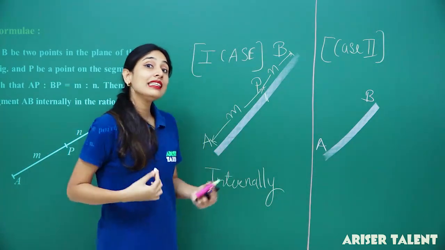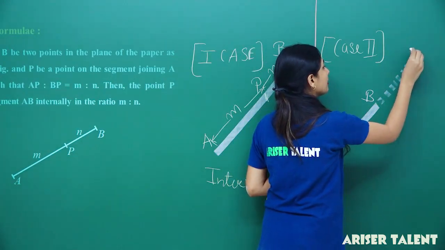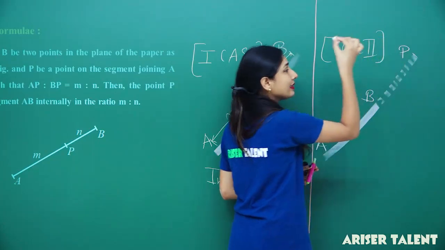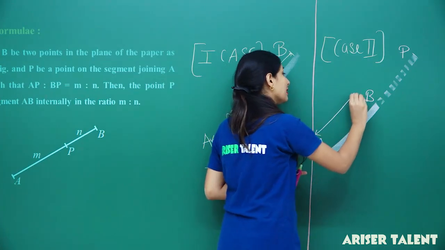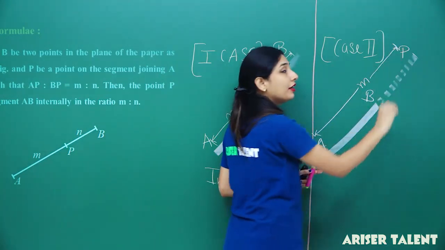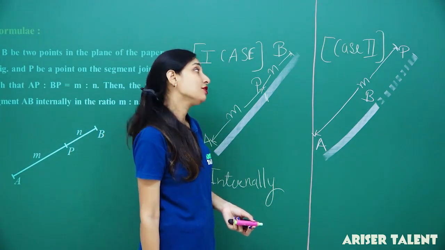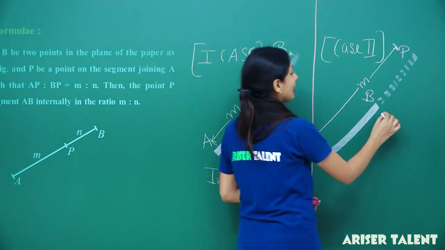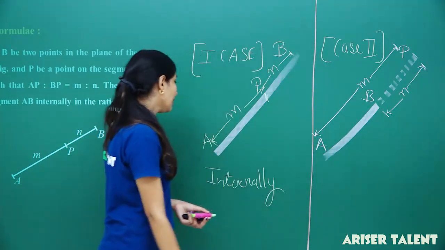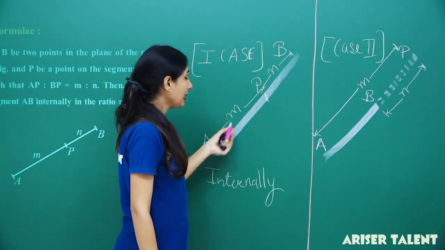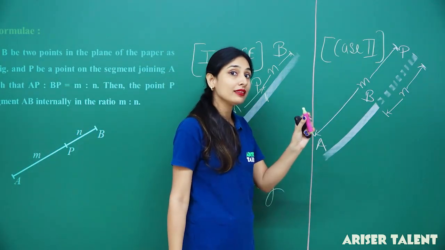Now, externally, that means if I extend this line till some point, again the next point is P. So, now I'm having this length M and I'm having this length N. Now, students, see here AP is M, here also AP is M. So, the points are the same.